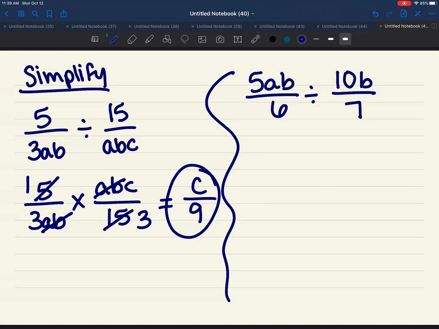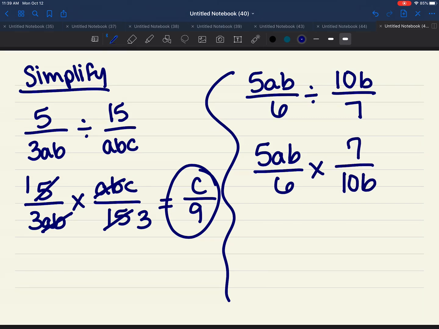Who haven't I picked on in a minute? Allie, you take this one? Tell me what I would do. Keep, change, flip. Tell me what all you can simplify here. 10 and 5, to get 1. What else?